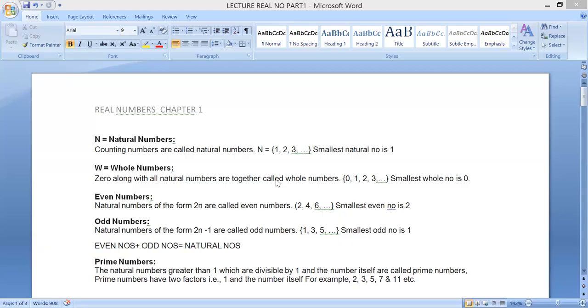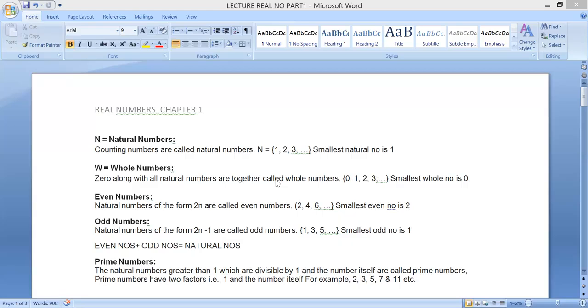After the natural numbers, here it is whole numbers. The second thing is whole numbers, and whole numbers are represented by W. So what are whole numbers? 0 along with all natural numbers together are called whole numbers. That is, W equal to 0, 1, 2, 3 and so on.